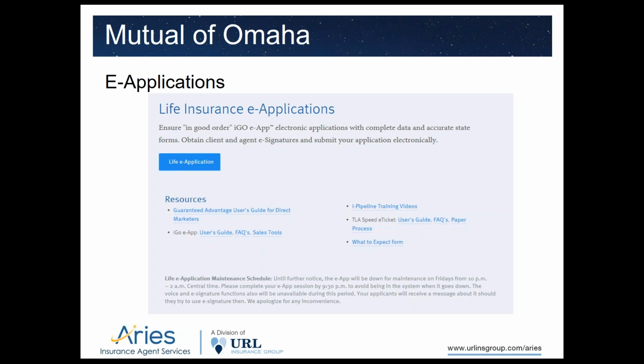You can talk to the client, obtain their information, and do everything electronically and submit the application electronically to Mutual of Omaha. It is very simple, and I can get into more of that detail if you're ever interested in talking about that. You can always contact me. I'll put my contact information up here at the end of the presentation.